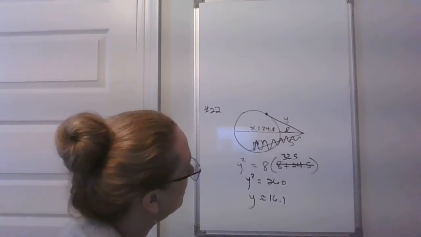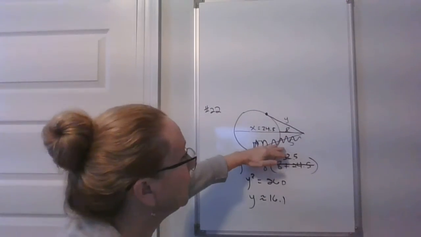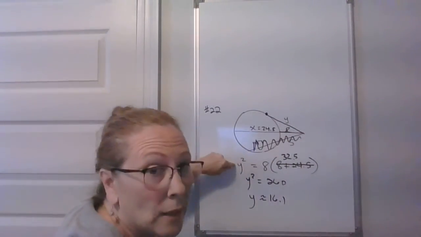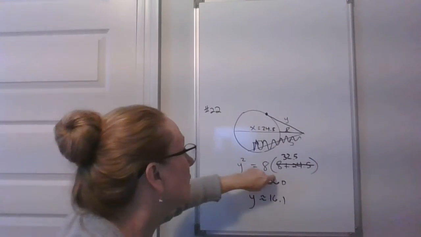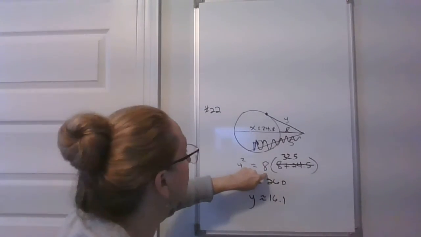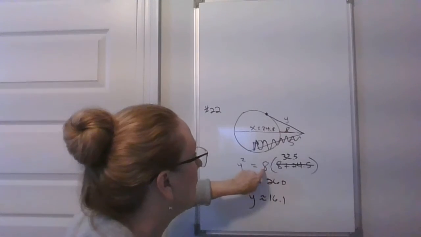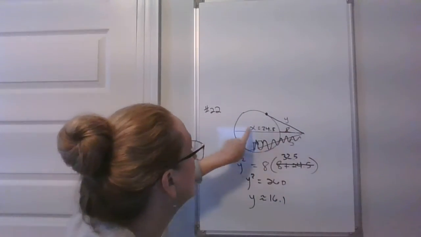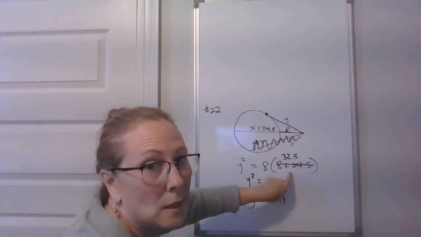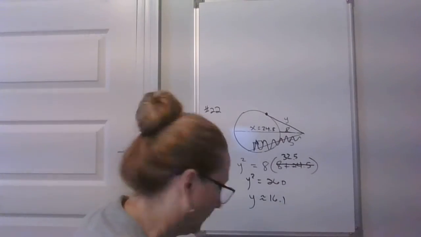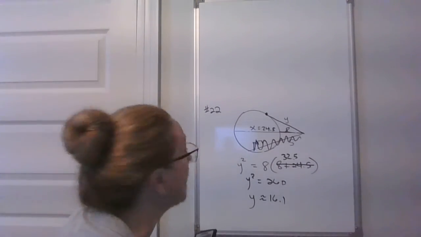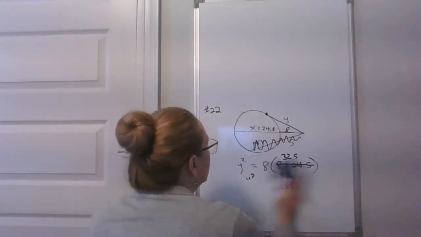Okay. So we followed our old pattern with the secants, and now we used our new pattern, tangent squared on one side, the external secant part outside, and the whole inside and outside parts added together. Okay, we get to do this pattern one more time for 23.